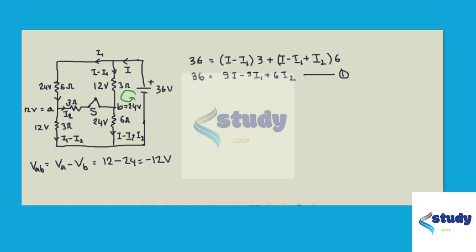Now let us look at another loop, this one. Let me draw this in green, that makes it easier. This inner loop, the top left loop. For this loop there is no potential drop, so 0 on the left hand side.